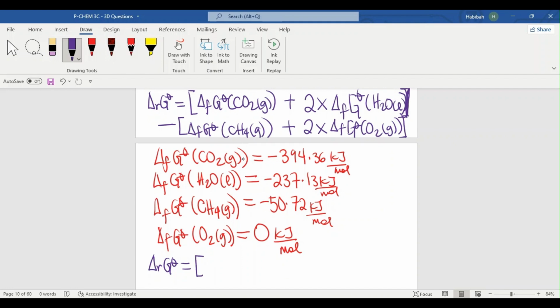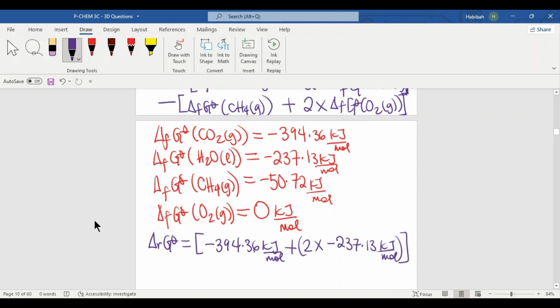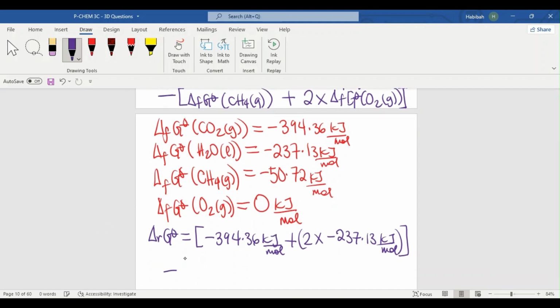So you have CO2 for the one for gas, you have negative 394.36 kilojoule per mole, plus 2 times the one for water, which is negative 237.13 kilojoule per mole, minus, so we're going to do the one for CH4.